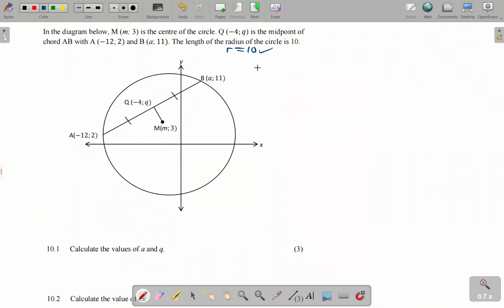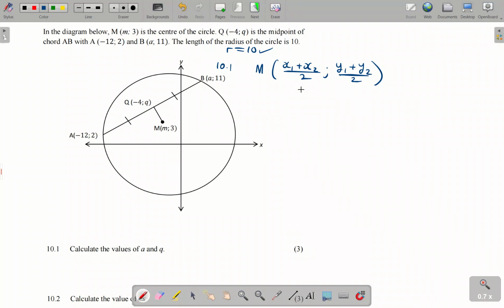Now remember the midpoint formula, so I'm answering 10.1. It says the midpoint is equal to X1 plus X2 all over 2, and Y1 plus Y2 all over 2. But we have the midpoint, guys.